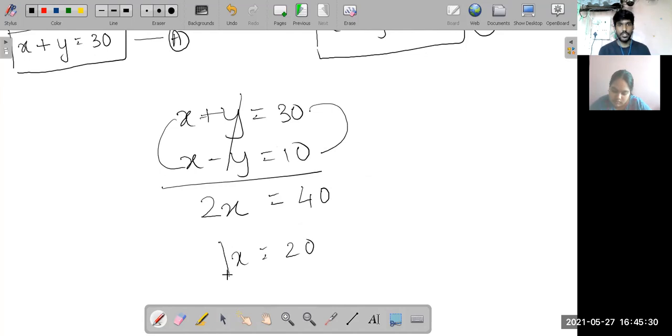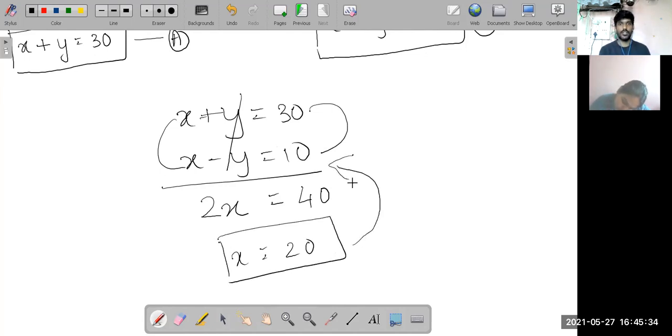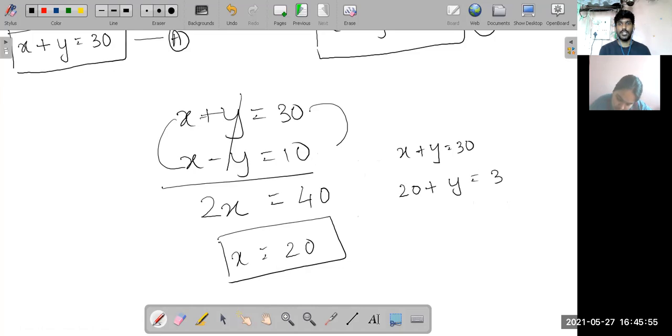Now substitute x in any equation. Substitute in this one, x minus y, it will be easier. No, do it in the first one, it will be easier. Put it in this, x plus y equal to 30. So 20 plus y equal to 30.